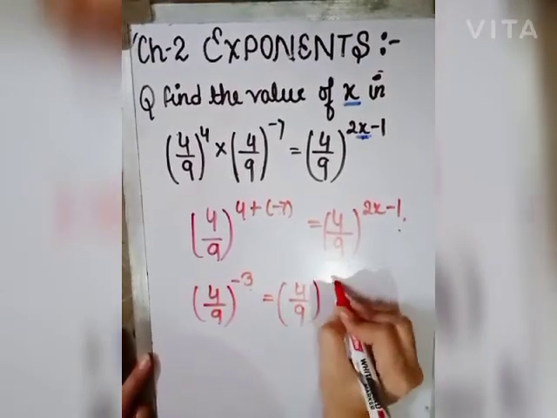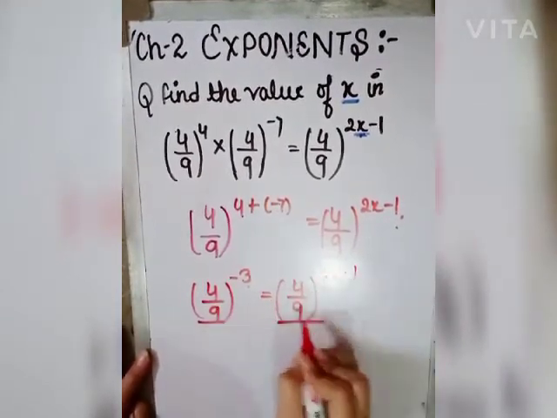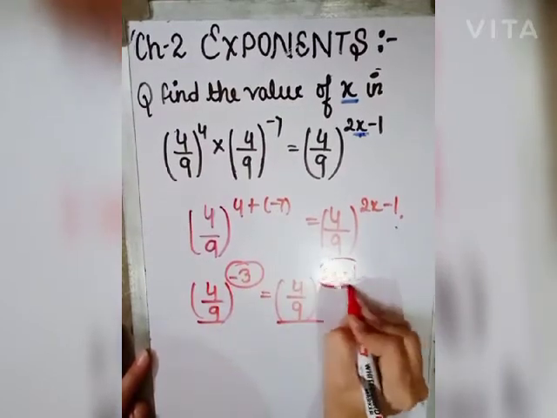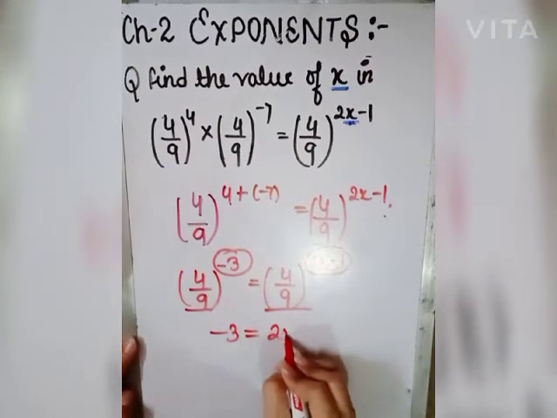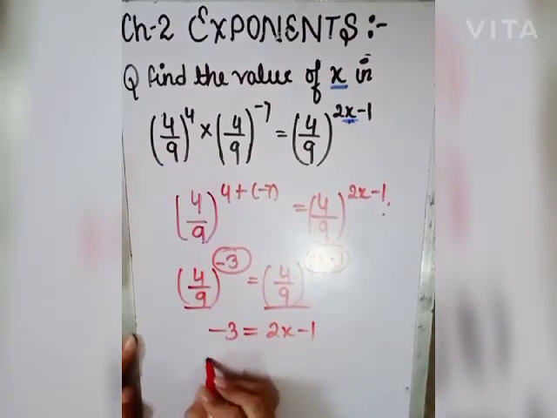Now see here, the bases are equal, so we will equalize the powers. Minus 3 equals 2x minus 1.